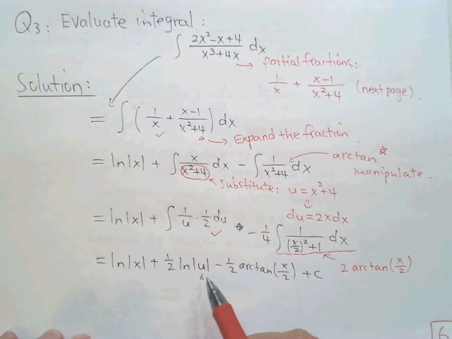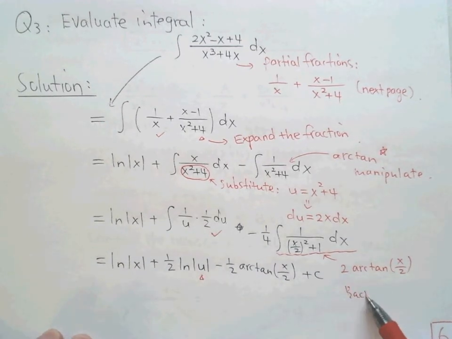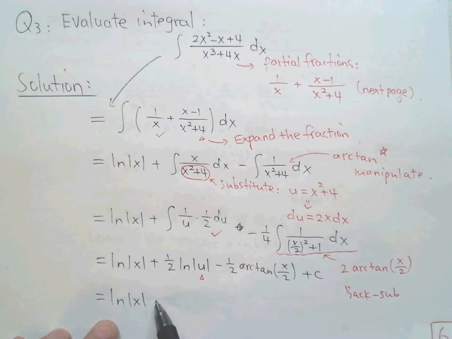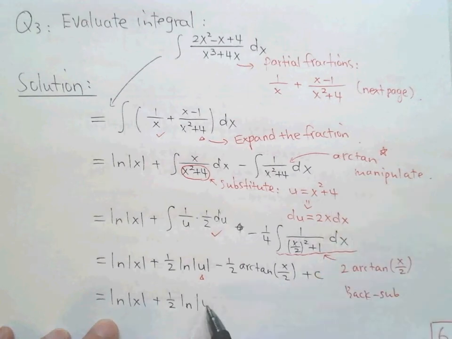Don't stop here. This is a u, we need to do back substitution. So we back substitute, and we get ln absolute value of x plus 1/2 ln. What is the u? X squared plus 4.